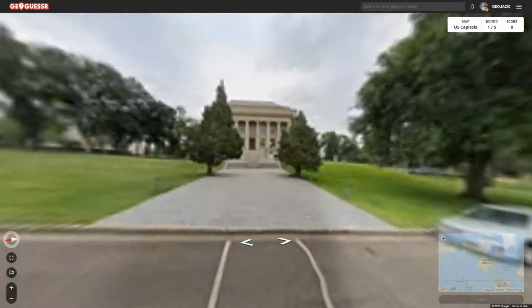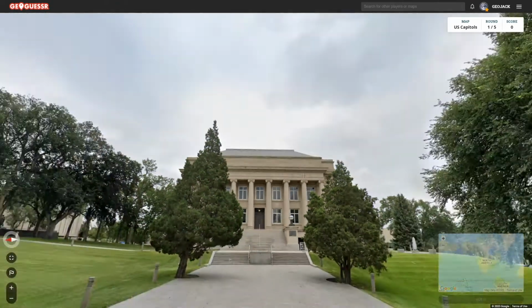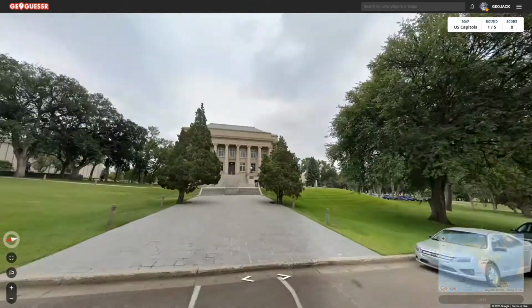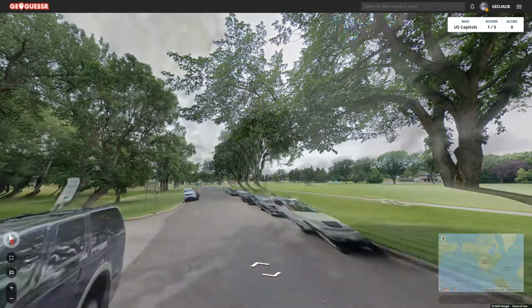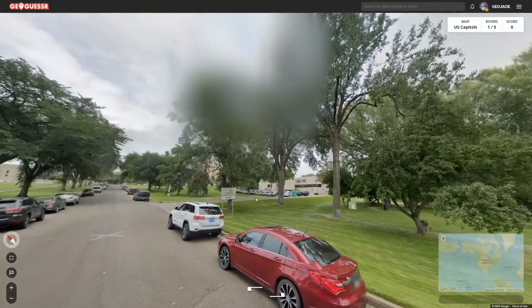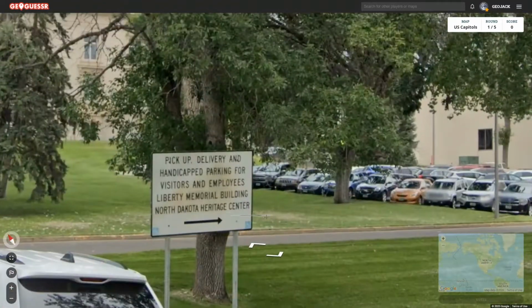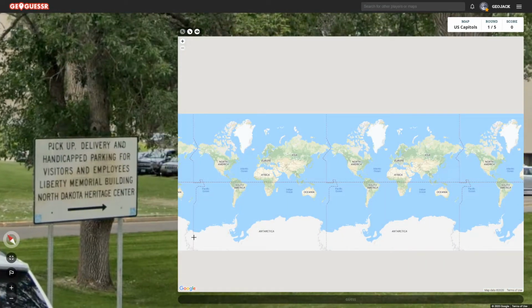It's a pretty big generalisation, but Liberty Memorial Building, does that say? Anyway, let's see, because oftentimes around these places you'll see a lot of signs saying Nebraska, North Dakota, there we go. So we're in North Dakota, Liberty Memorial Building.